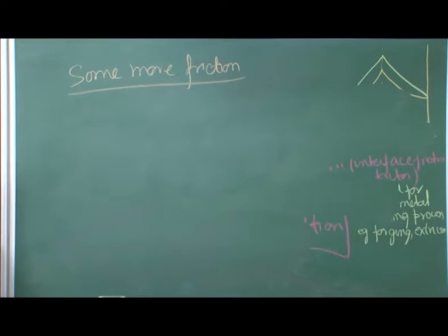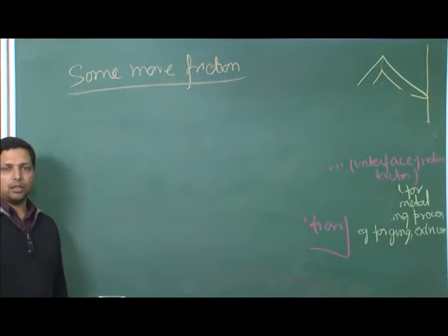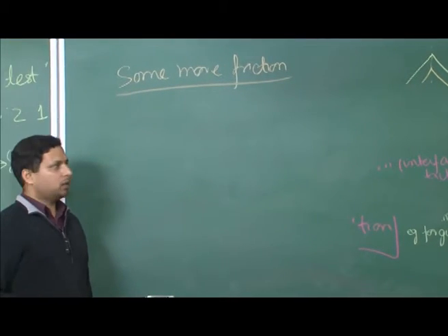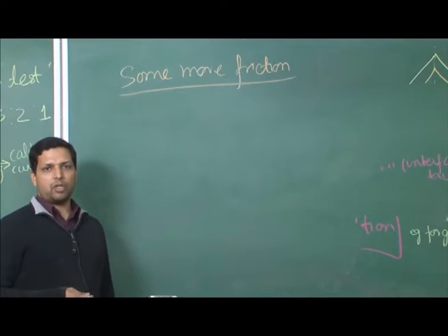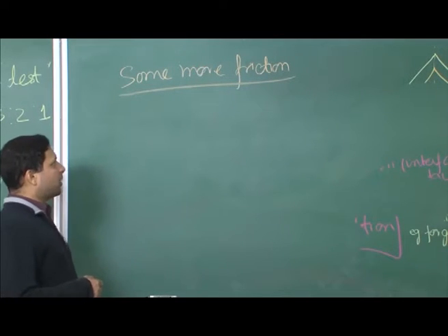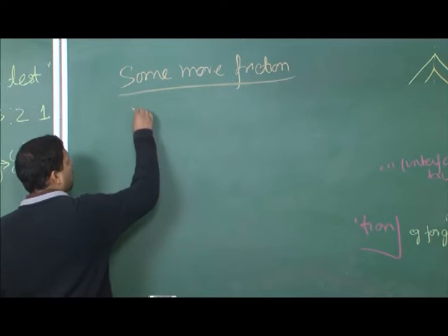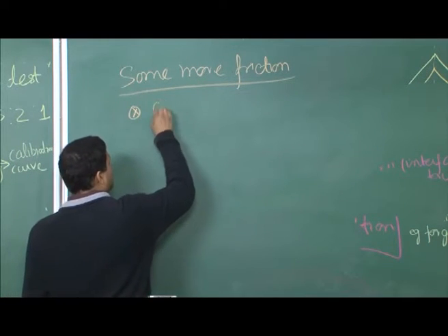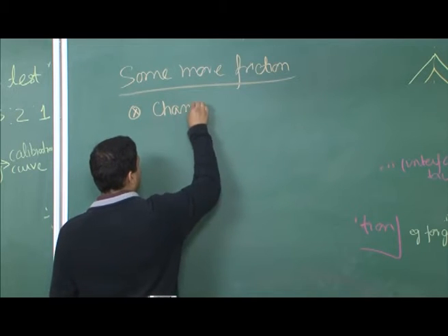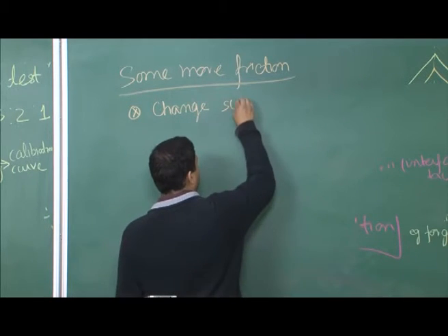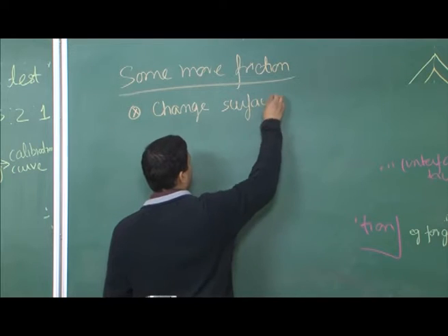We know that it changes the mechanics. We know that the overall stress requirement or the energy requirements will change because of the presence of friction. What else can it do when we are talking about deformation? It will affect surface finish.